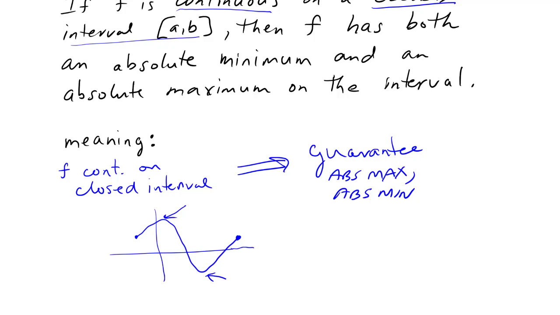Now, if we had something that wasn't continuous, so let's say we had something like this.